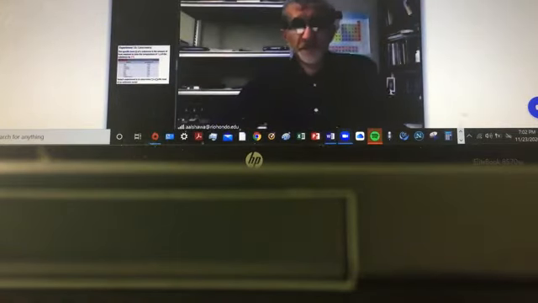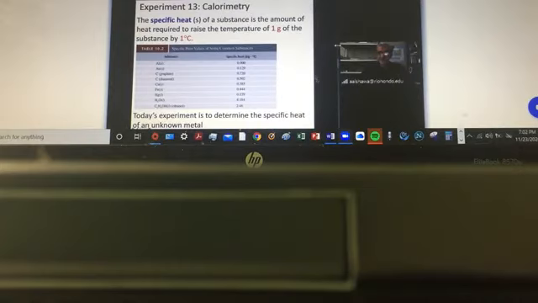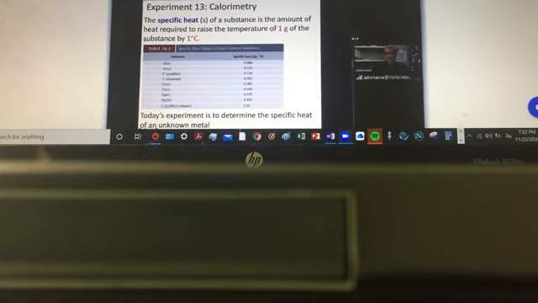Now, specific heat, by definition, is the amount of heat required to raise the temperature of 1 gram of a material by 1 degree Celsius.